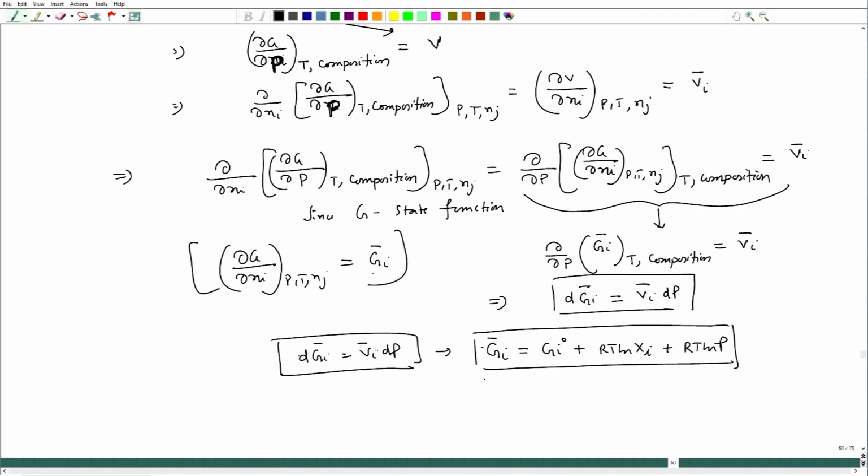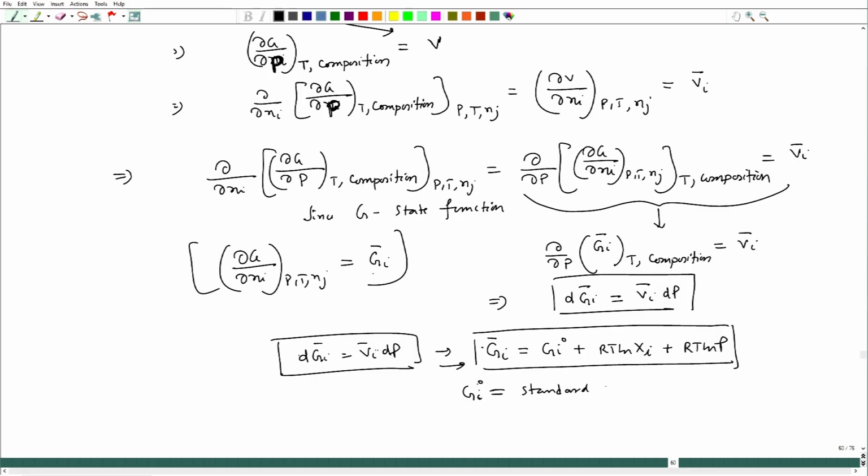So, in the next class we will try to solve how to get to G i bar equals G i naught plus RT ln xi plus RT ln P.